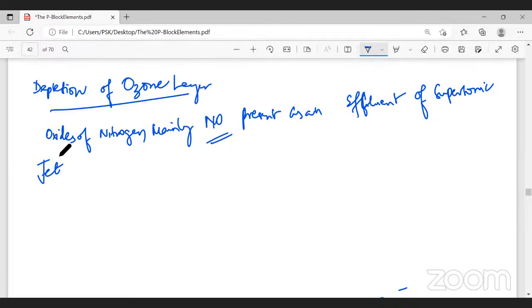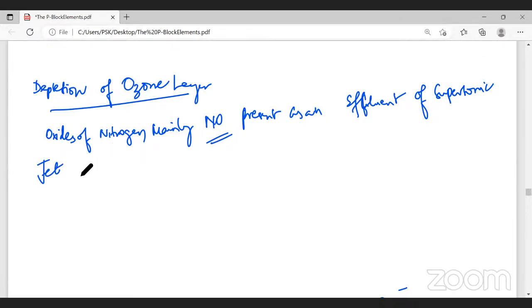Supersonic jet planes' exhaust reacts with ozone and causes depletion.